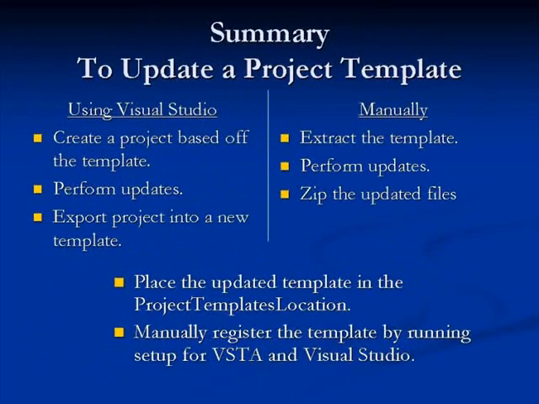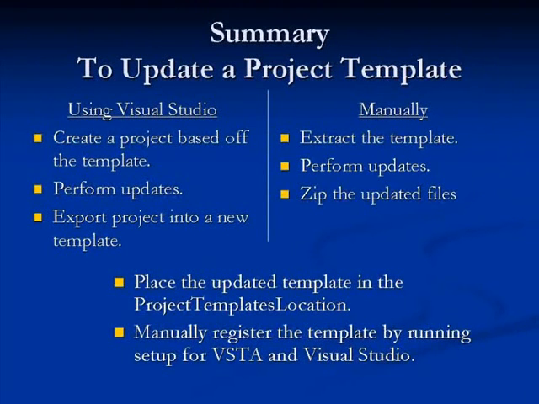In this tutorial, we created a project template using Project Gen. We then updated the template using Visual Studio by creating a project based on the template, adding updates, and exporting the project as a Visual Studio template. We also manually updated a template by extracting the template, updating the files, and zipping the updated files.